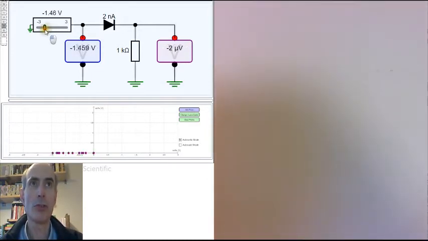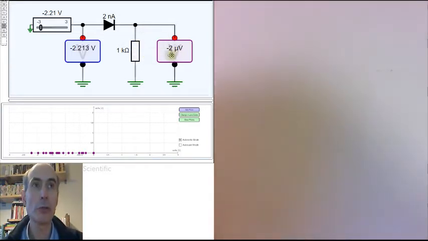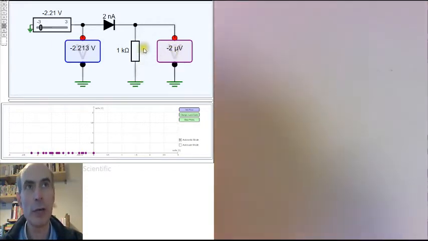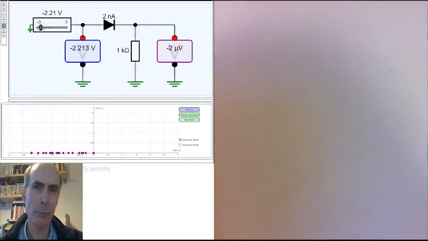This one, of course, doesn't quite output 0 because there is a small reverse current, the saturation current, flowing through that diode of, in this case, 2 nanoamps. 2 nanoamps flowing through a 1K resistor produces an output voltage of 2 microvolts, so that would be -2 microvolts in this case, since the current is flowing this way. That's not usually a big problem.